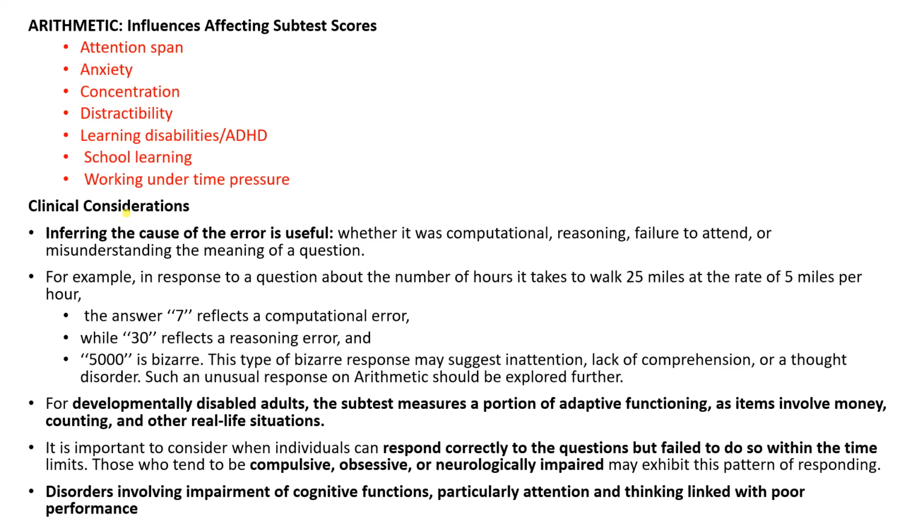Similarly, here it is important to mention that when individuals can respond correctly to questions, but they fail to do so within the time limits, then those who tend to be compulsive, obsessive, or neurologically impaired are likely to show this pattern of response.